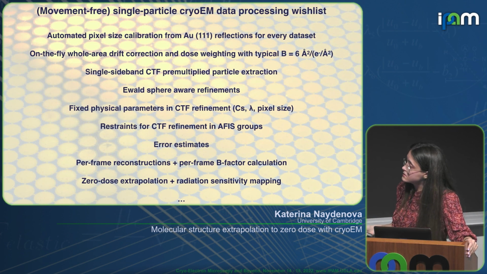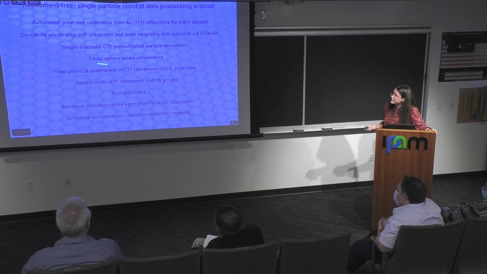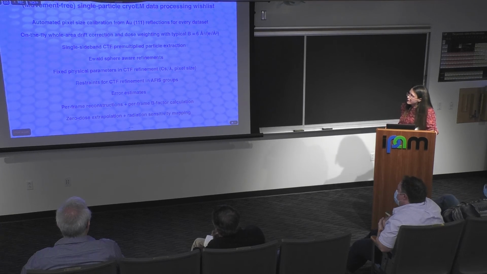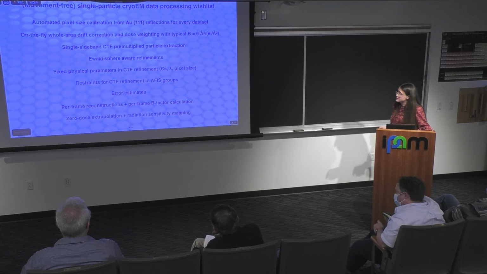There are some things in CTF refinement with which we don't really agree, like why can we not have all the physical parameters that we actually know for sure, have them fixed and only refine the unknowns. Kind of related to this, if we want to group our data into beam image shift groups, it would be nice to have some restraints on the CTF parameters, and would be nice to know the errors in these estimates.